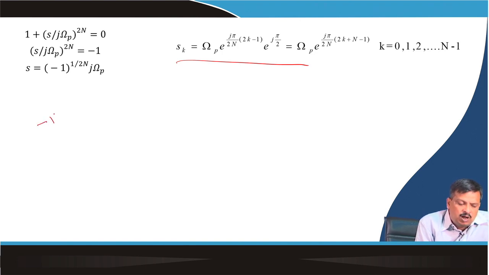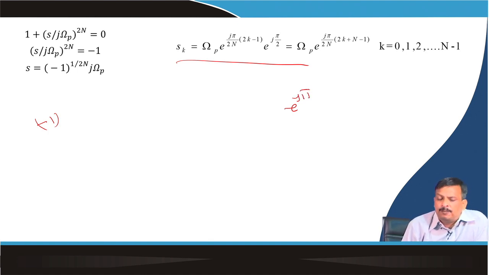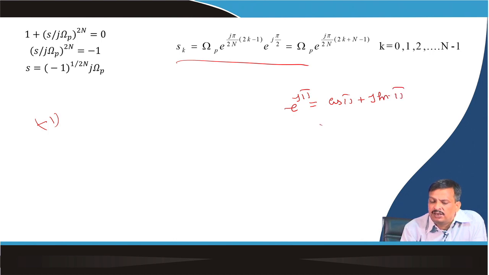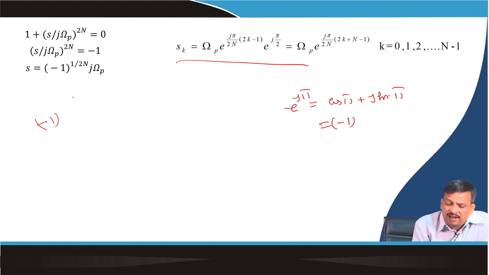So, minus 1: can I express it using e to the power of something? If I say e to the power j pi, what is e to the power j pi? It is cos pi plus j sin pi, which is nothing but minus 1. So minus 1 can be written as e to the power j pi. So I can write e to the power j pi divided by 2n, and this portion can be synthesized like this.